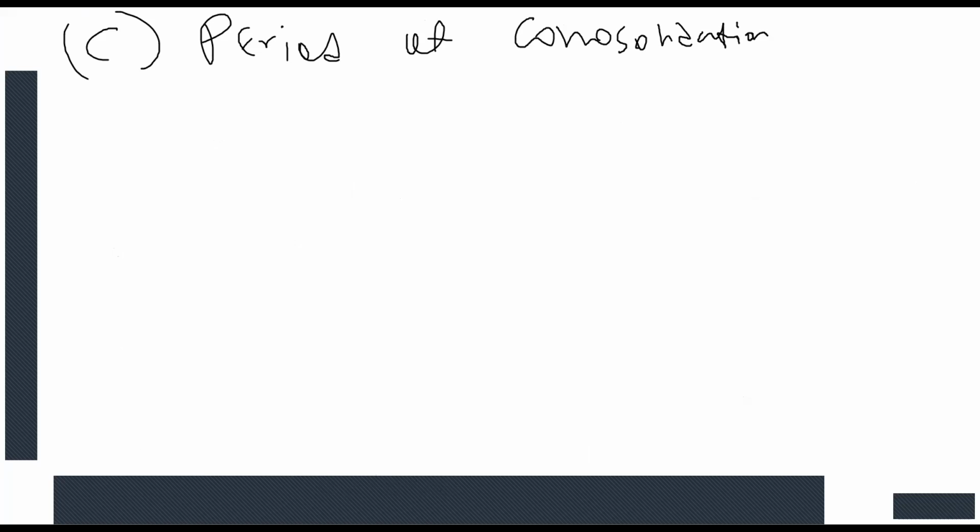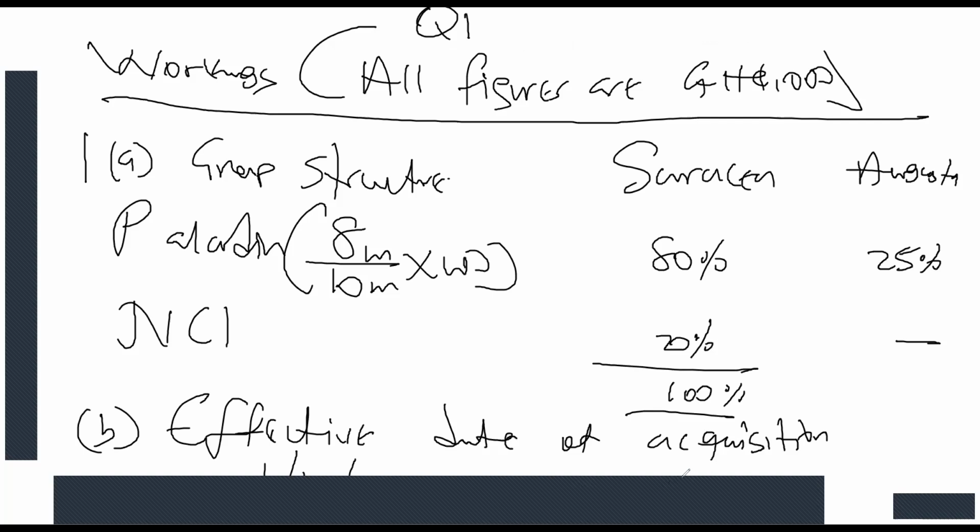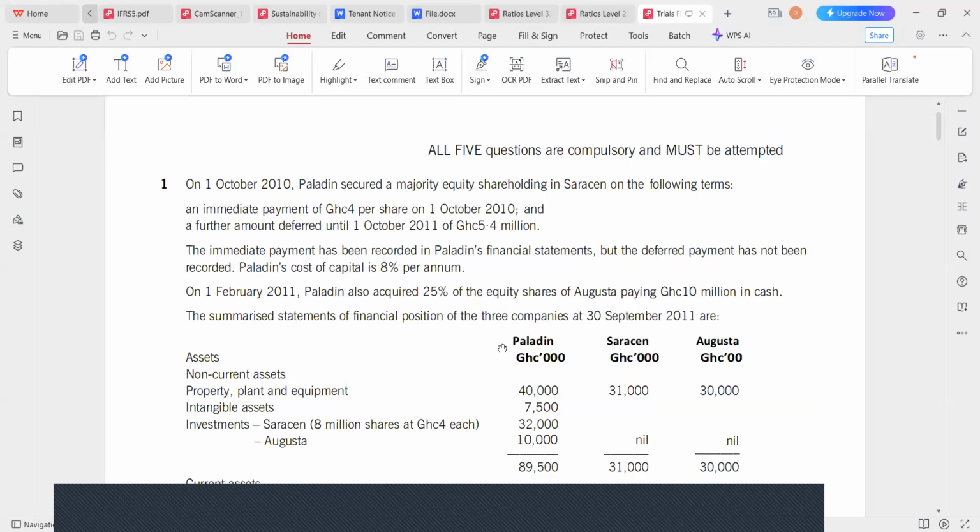Now, for Augusta, let's check Augusta's date that the parent acquired. 1st February 2011.